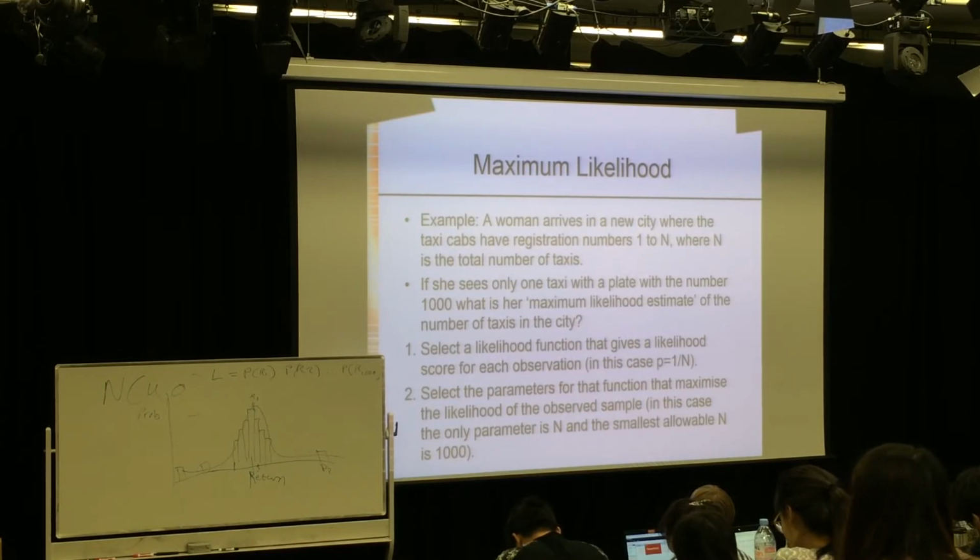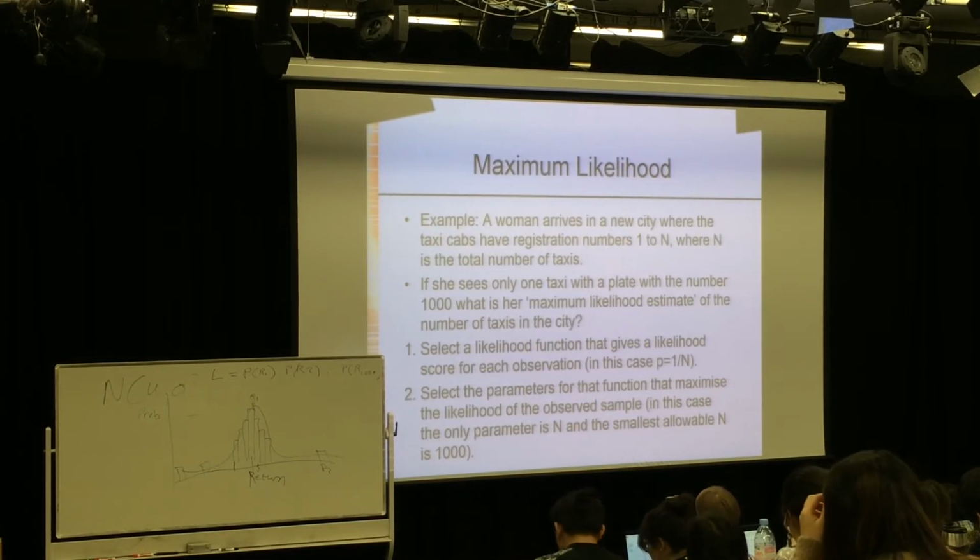So take this slide, for example. Let's say somebody arrives in New York, and all the taxi cabs in New York have registration numbers from 1 to n, where n is the total number of taxis.